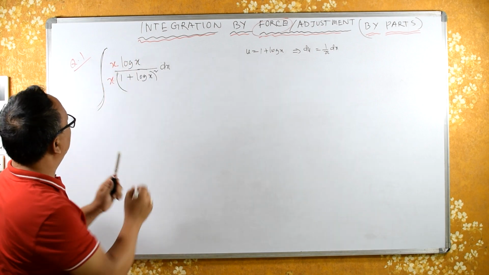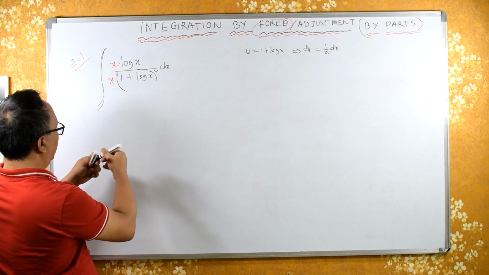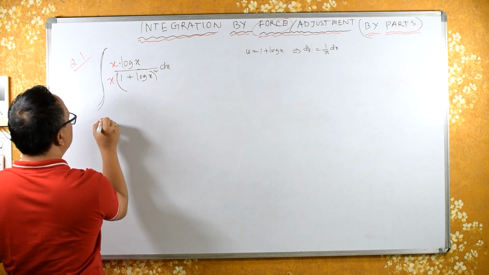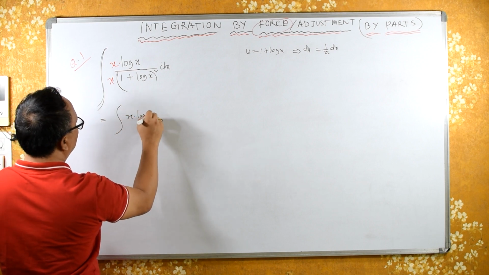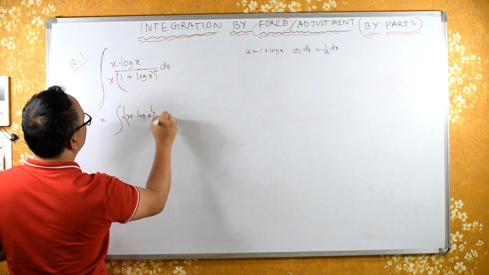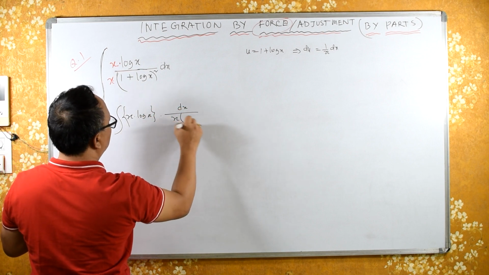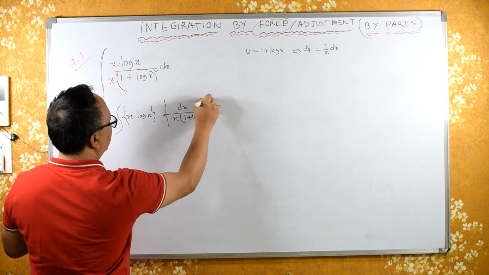Therefore if I consider the whole, this can be written as x into log x into dx upon x (1 plus log x) the whole square.